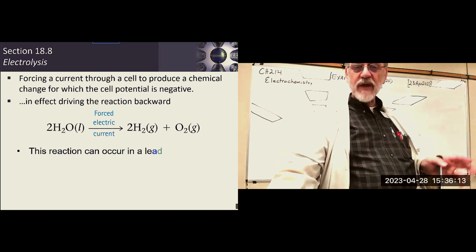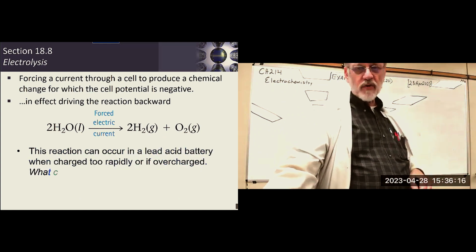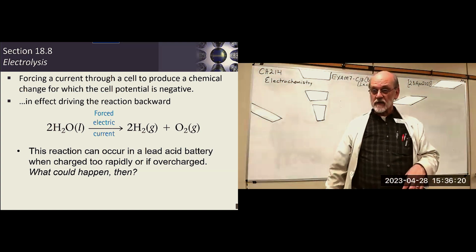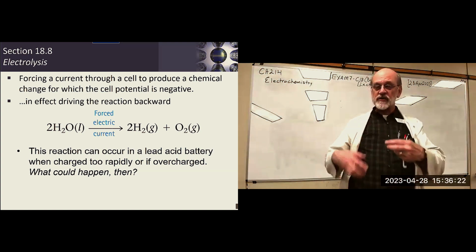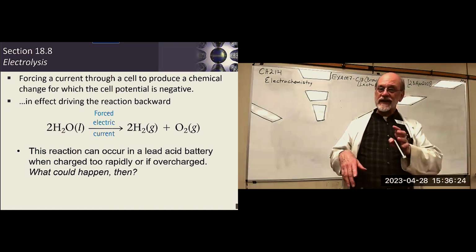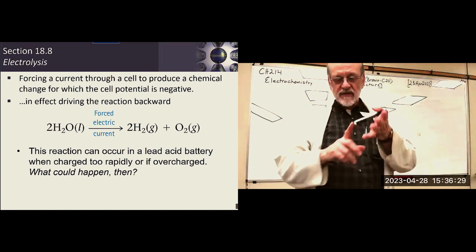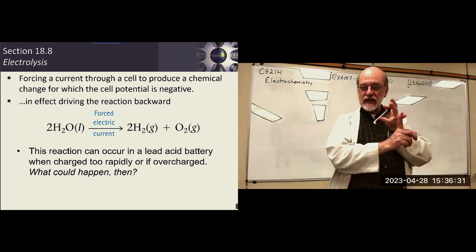You effectively drive the reaction backwards. I put this one on the board a minute ago. This also happens in your lead acid battery. When the alternator is running, it recharges the battery by turning it into an electrolytic cell and driving the reactions backward and reconstituting the lead plate and the lead oxide plates.